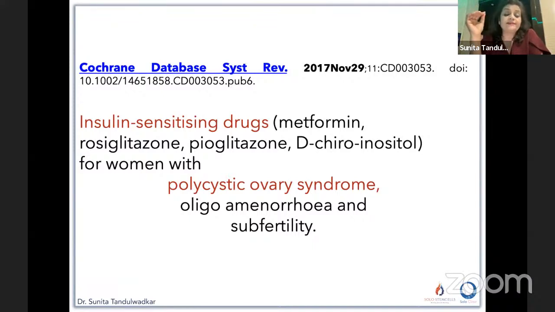Now, my patients, if I'm putting them, PCOS patient, obese PCOS, I put her on a 10% decrease in her BMI. Now, if her body mass has to reduce by 10%, and if she takes it seriously, I give them metformin also. It helps in decreasing the insulin resistance.